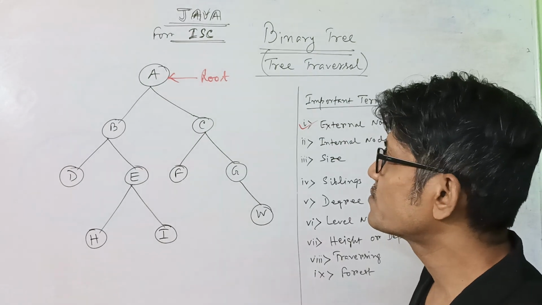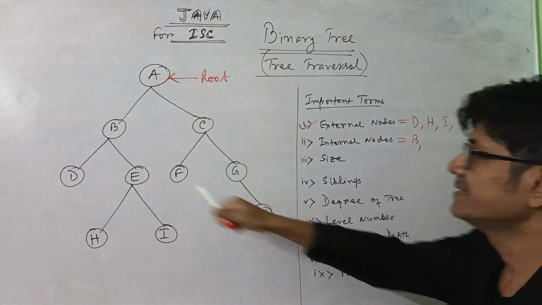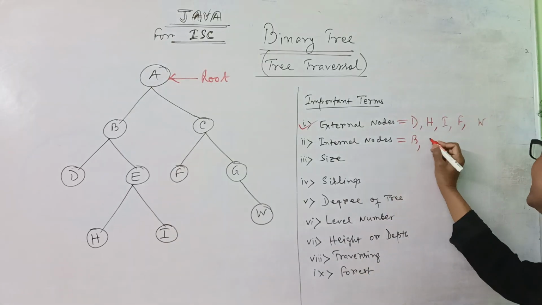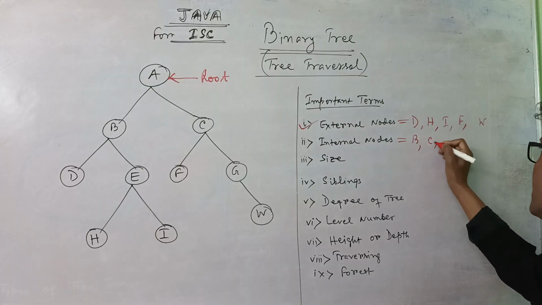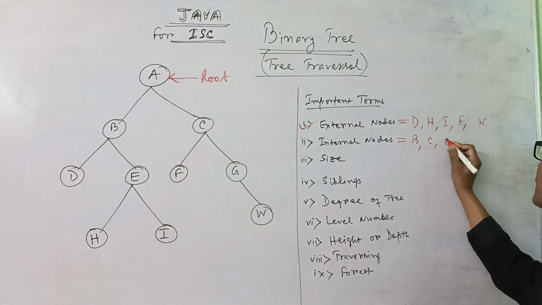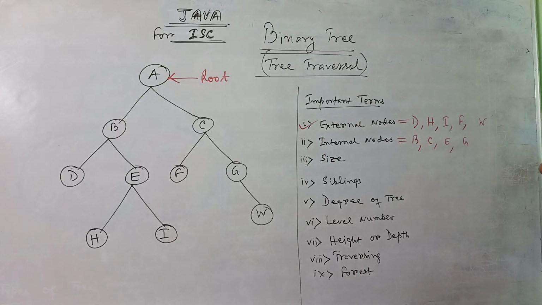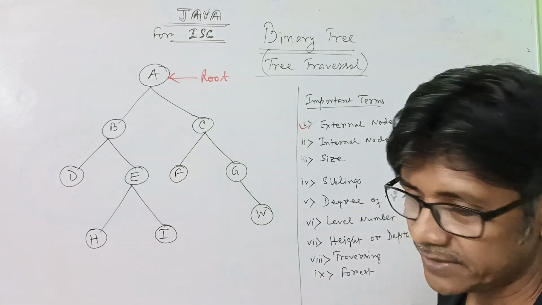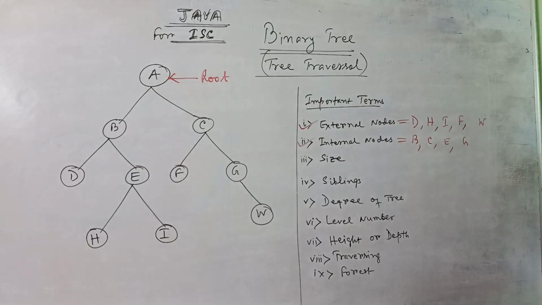So internal nodes will be B, then E, B and C also we can write, B and C, then E, then G. These four are internal nodes: 1, 2, 3, 4 internal nodes. So external nodes, internal nodes over.